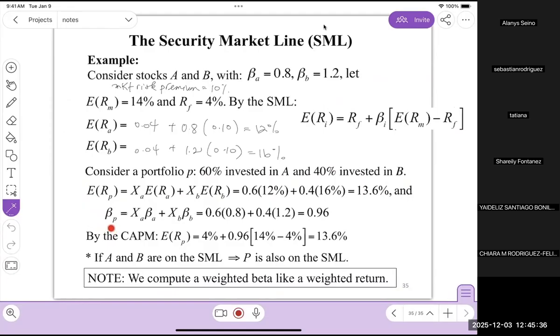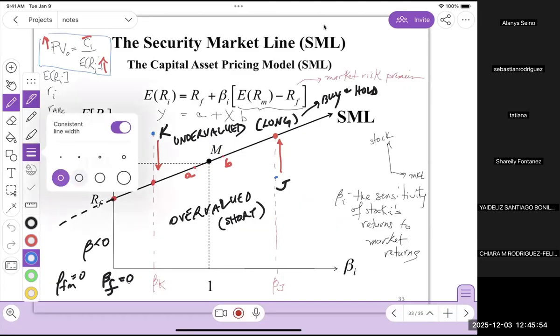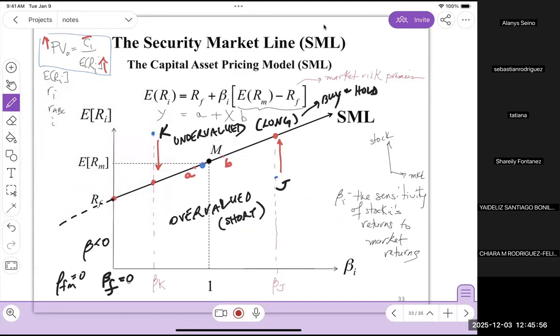The beta is also a weighted beta, the weighted average of betas. So it turns out that it's just under the market portfolio with this expected return. So P is going to be like over here somewhere, and it's going to have a beta of 0.96 and an expected return of 13.6.